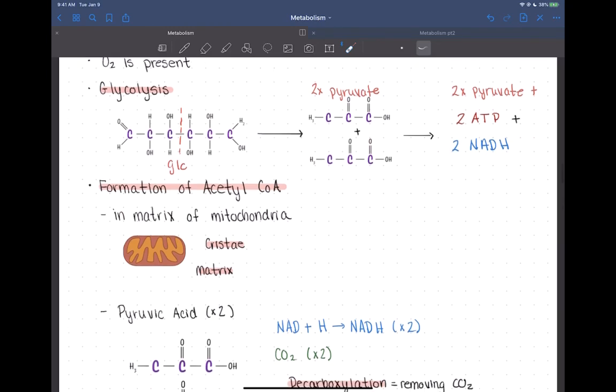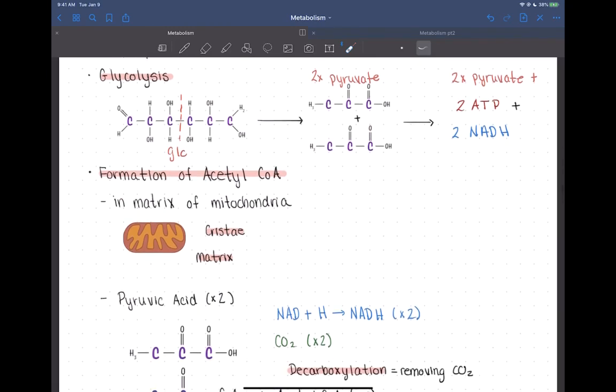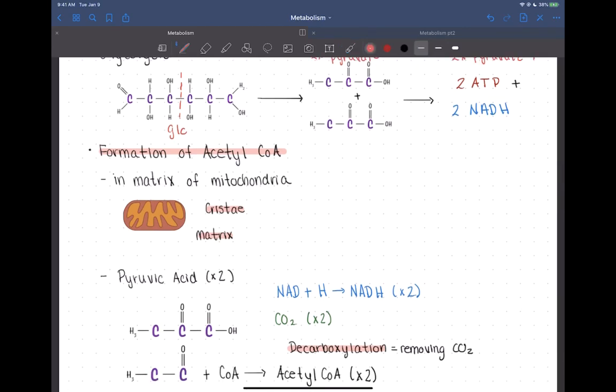Okay, so for the next step, since we're already familiar with glycolysis from our anaerobic respiration, our next step is the formation of acetyl-CoA. For this, we're going to use these pyruvates that we made in our glycolysis. This step occurs in the matrix of the mitochondria.